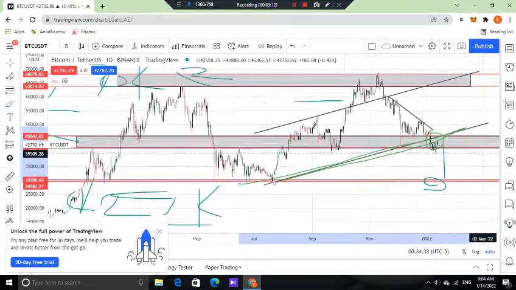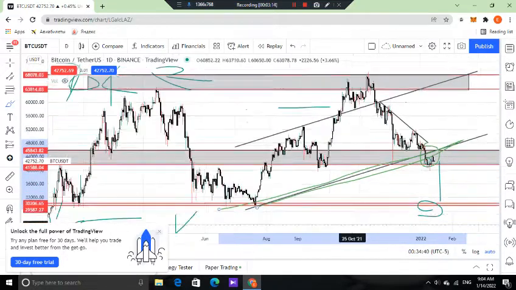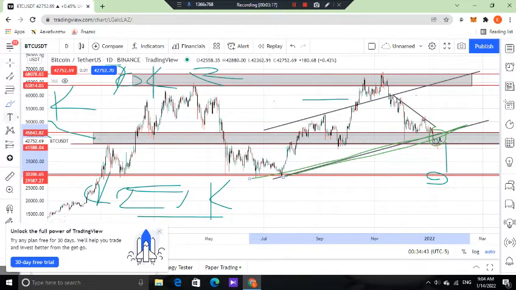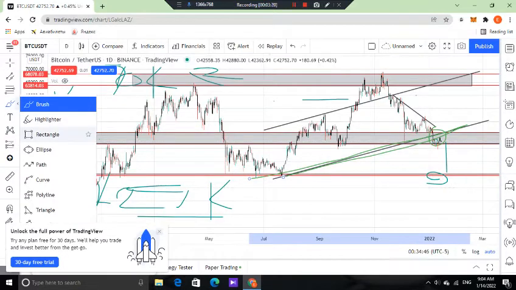usually we expect to see price at the origin of this channel. When you have a channel and then you have a breakout from that channel, first of all, in a bullish channel you expect to see a bearish breakout, and in a bearish channel it's the opposite.